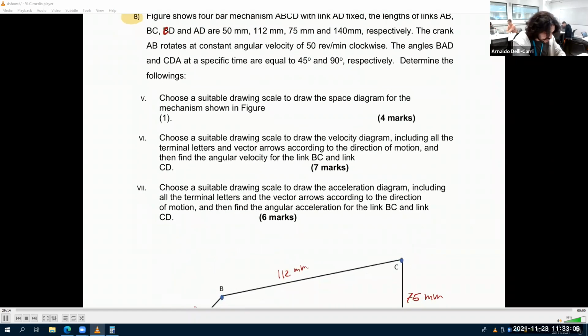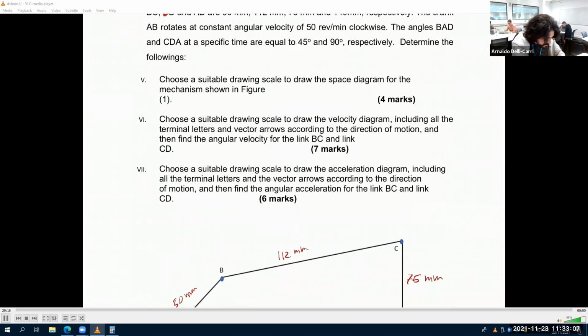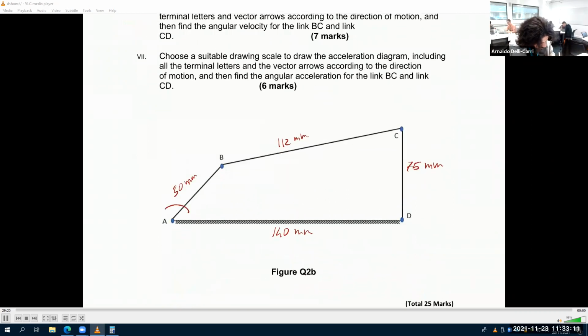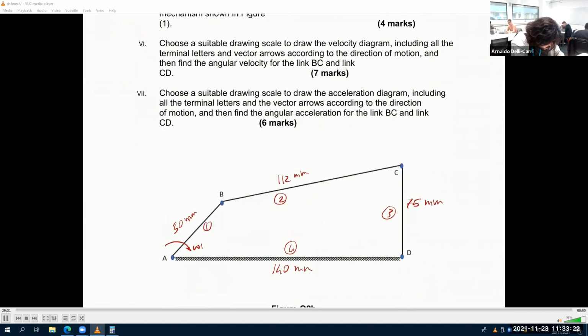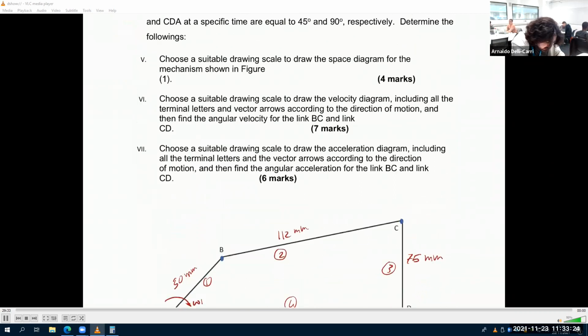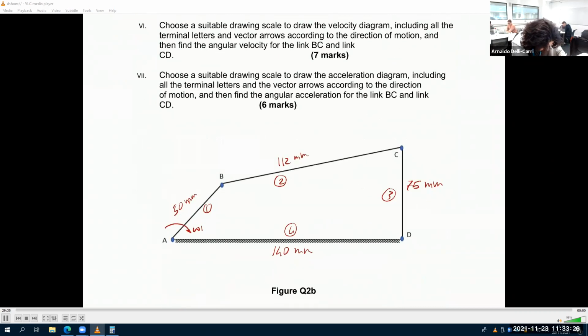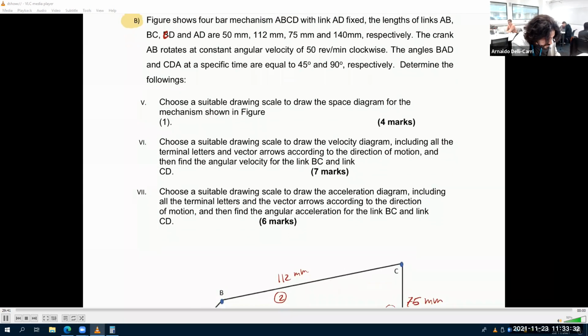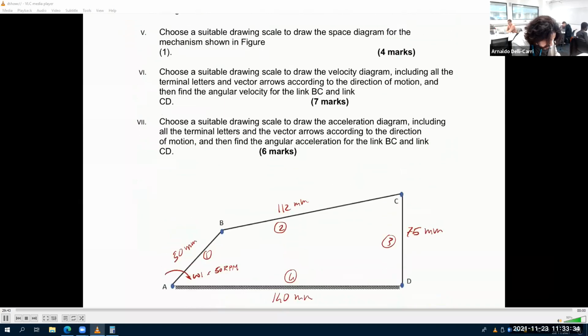The crank AB rotates at constant angular velocity of 50 RPM clockwise. So we have omega 1. Let's call this link 1, link 2, link 3, and link 4. So omega 1 is 50 RPM, and it's clockwise, exactly as I said.